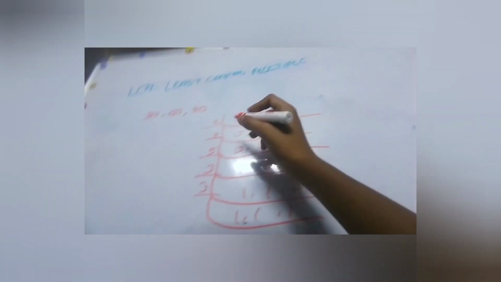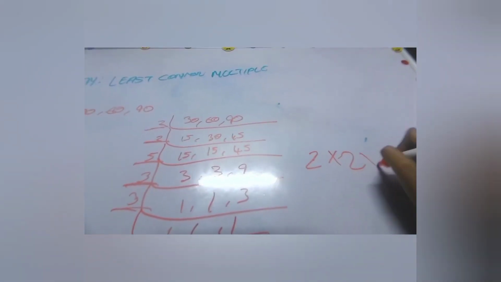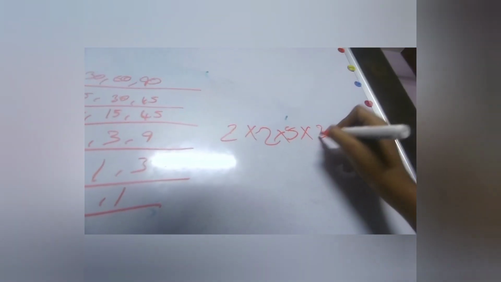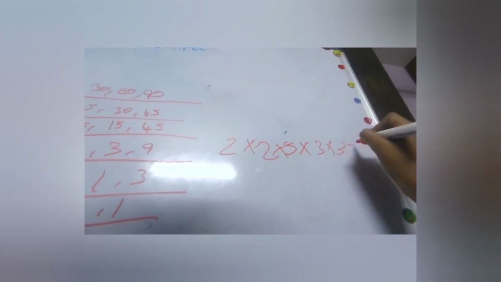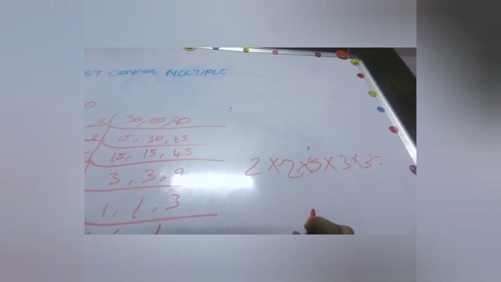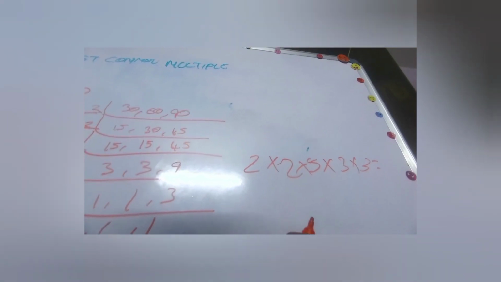Now I got to multiply all these numbers here. That is 2 into 2 into 5 into 3 into 3. 2 twos are 4. Then 4 fives are 20. 20 into 3 would be 60.